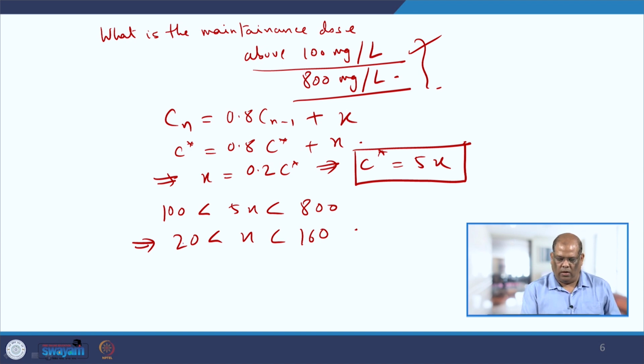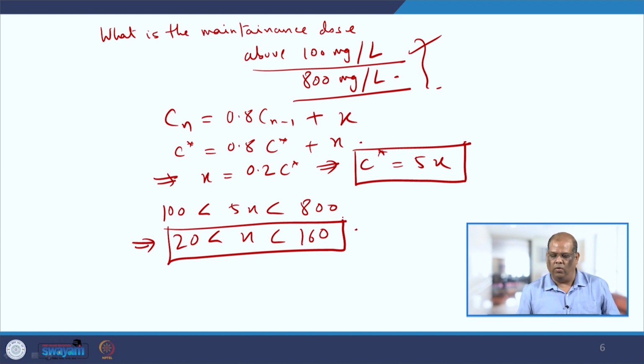So, the dose that you give to the patient, such that the drug concentration is never below 100 and never crosses 800, must lie between 20 and 160.